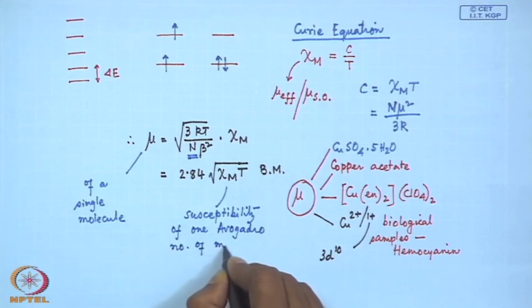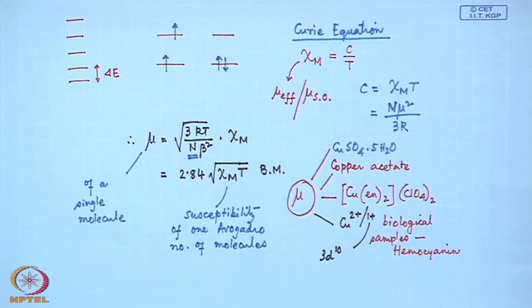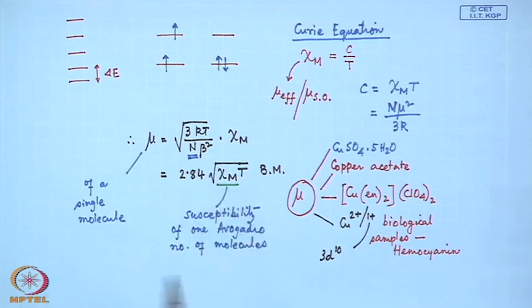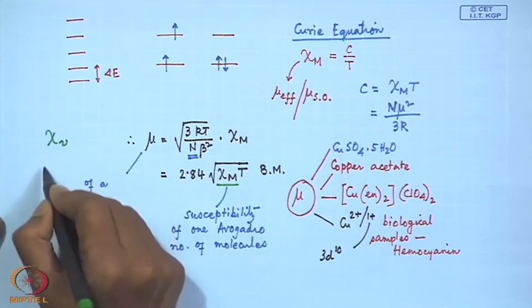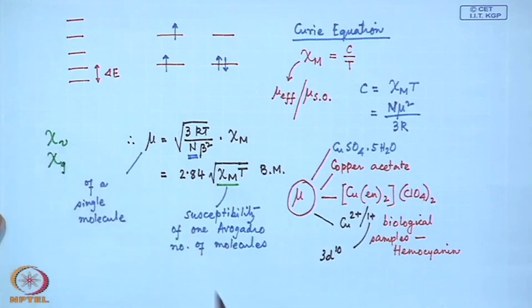That's why we consider it as a molar susceptibility term. Similarly, we can have the corresponding volume susceptibility, which is known as chi v, and when we consider it per gram, we can consider the gram susceptibility values.